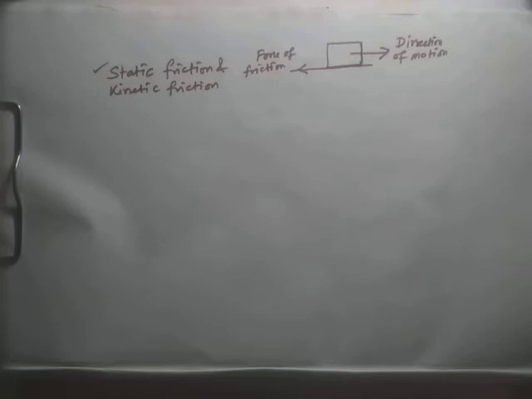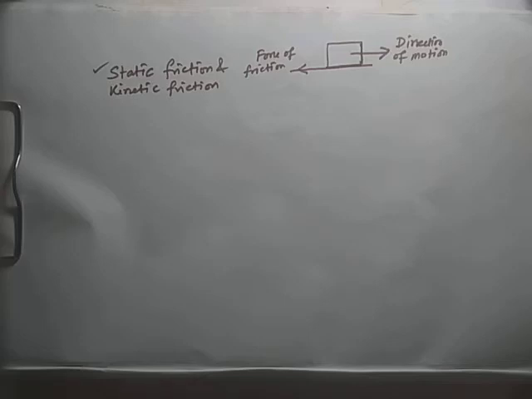Then you start to apply force on the almirah, and the lower surface of the almirah and the floor will apply friction force in the opposite direction. But the almirah is not moving, yet the friction force is still working in the opposite direction. That means this is static friction.